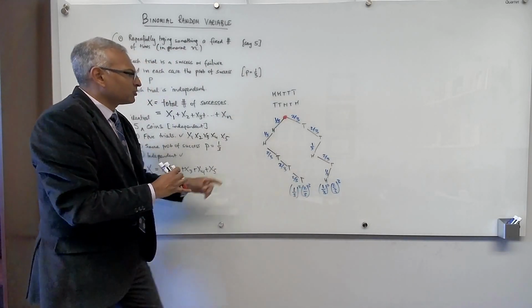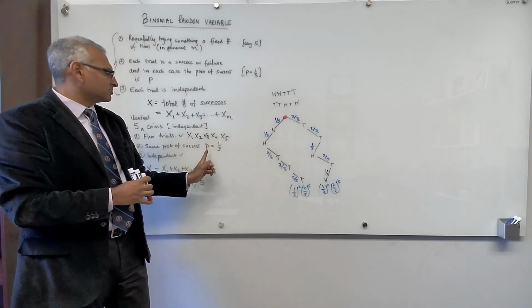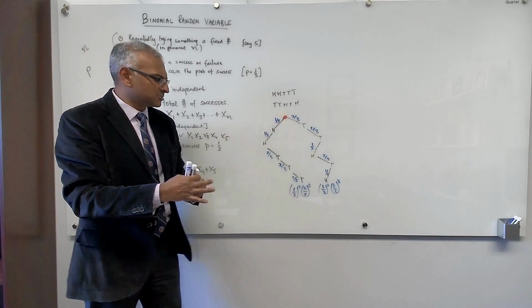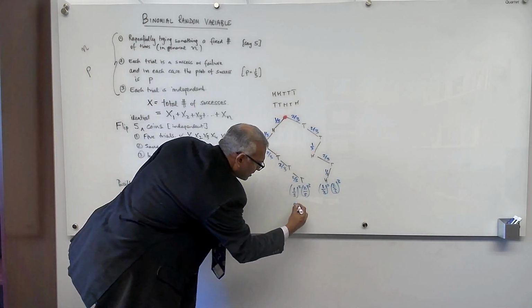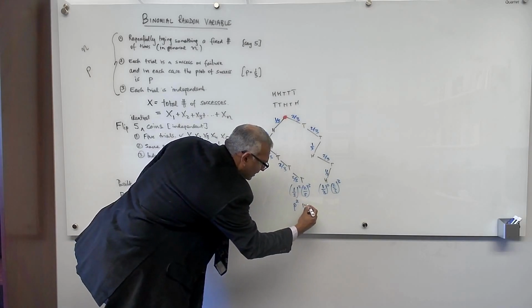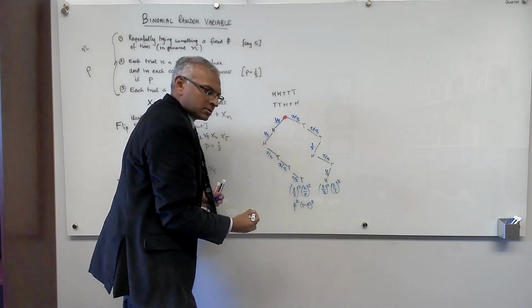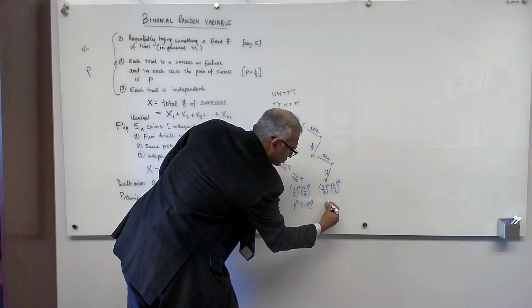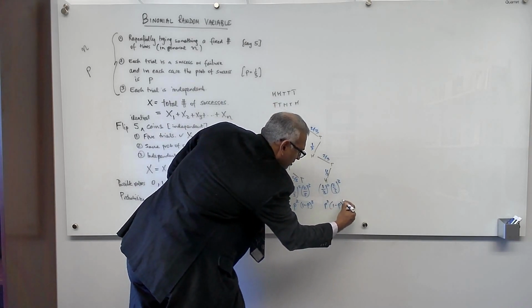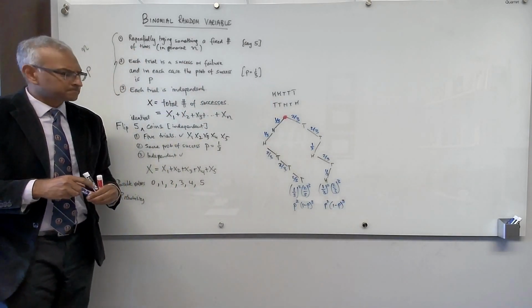That's very interesting. What if it was some general number p, and this was 1 minus p? Then this would be p squared times 1 minus p cubed, and so would the other.